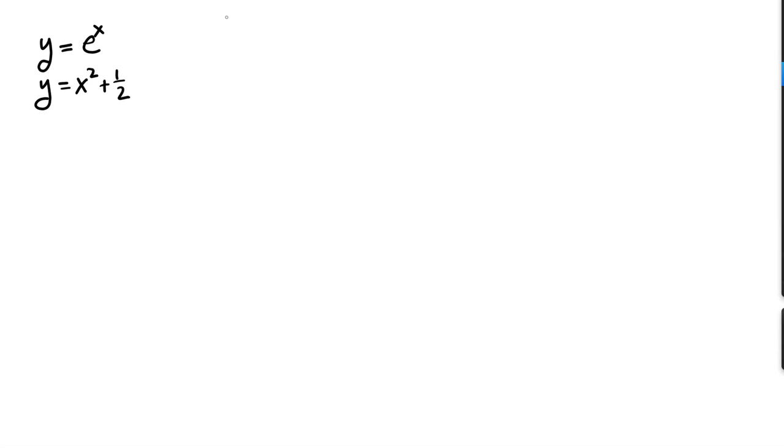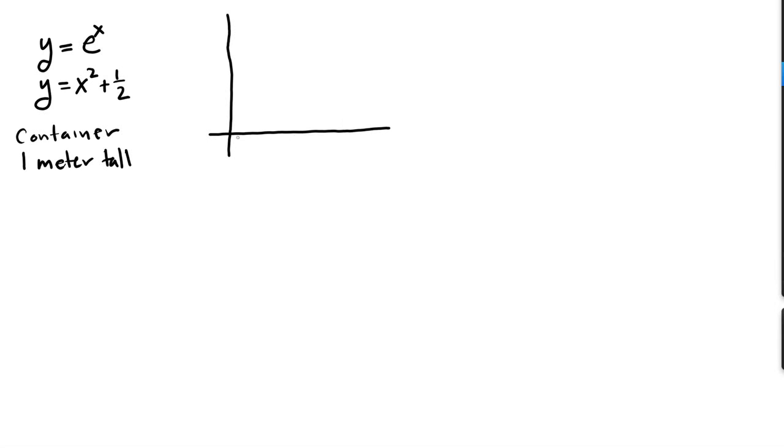If we look at this, and you can graph this on your calculators, we want this container to be 1 meter tall. So we're going to use our x-axis to represent the height. So we're going to go from 0 to 1. Let's put 1 out here so we got some room to maneuver.